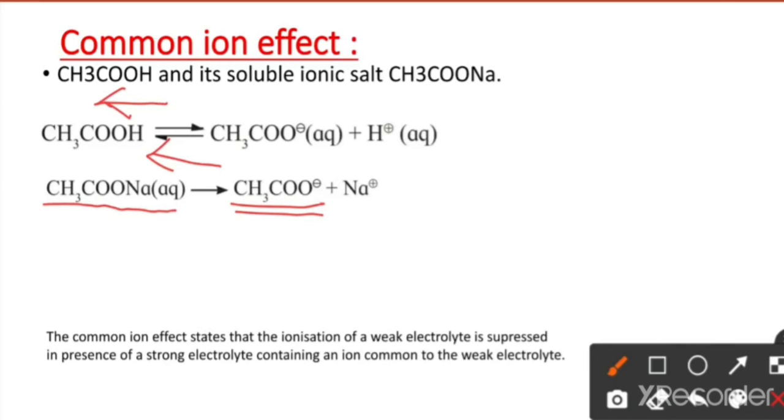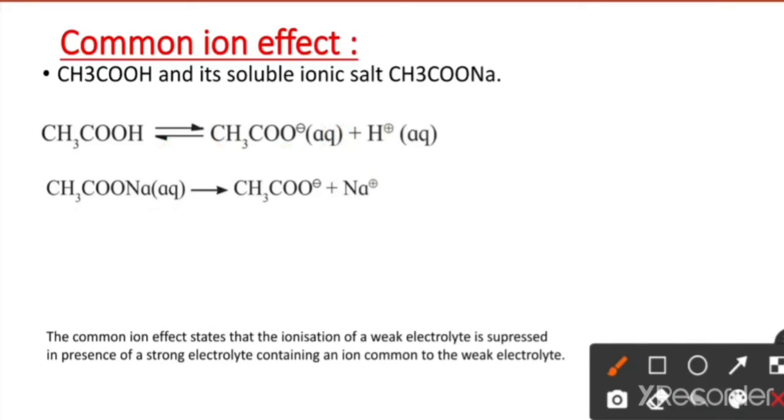Thus the reverse reaction is favored, in which acetate ion combines with H plus ion, and hence dissociation of weak acid is decreased or suppressed due to the common ion, acetate ion.